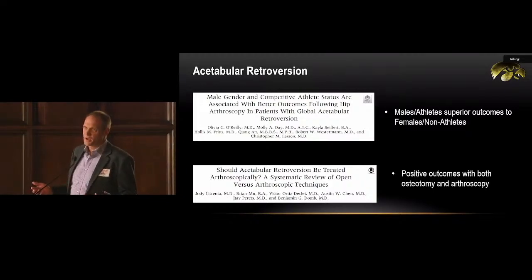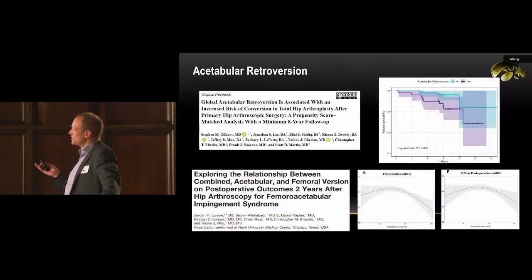Also, there's a systematic review done by Ben Dome's group where they found positive outcomes with both osteotomy and arthroscopy. But there are recent clinical studies looking at acetabular retroversion and how that affects outcomes.